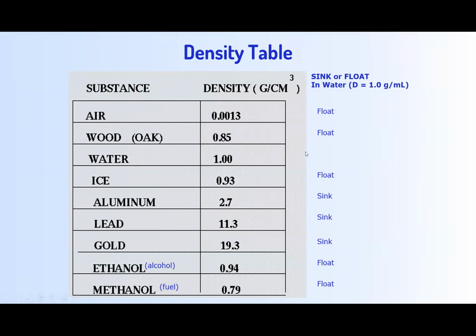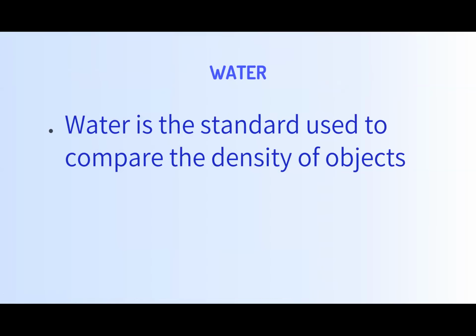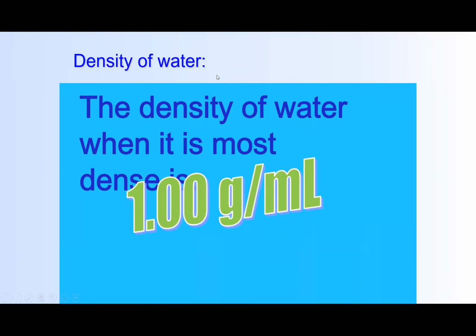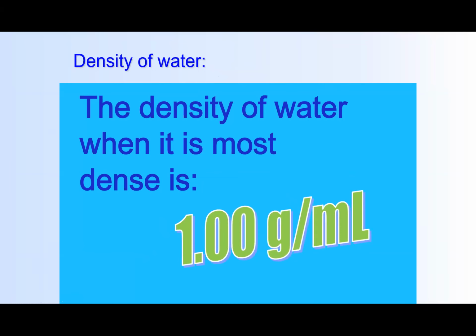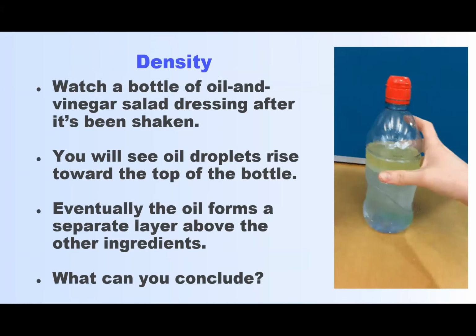So this is a simple concept that you must remember. All right. So why water? Water is the standard used to compare the density of objects because it is 1 gram per cubic centimeter. As mentioned earlier, the density of water when it is most dense is 1 gram per ml.